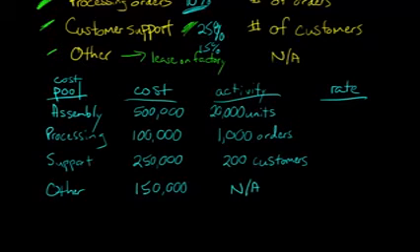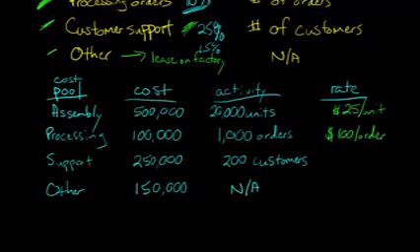So we take the $500,000, divide it by 20,000 units, and that's going to give us $25 a unit. Now we take the $100,000 processing costs and divide it by 1,000 orders, and that's going to give us $100 an order.